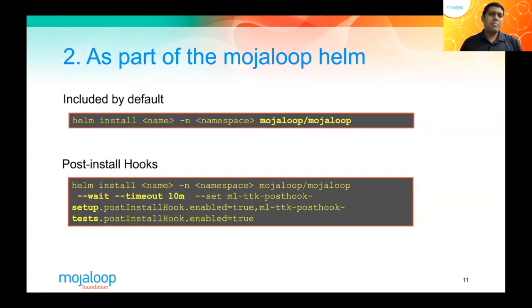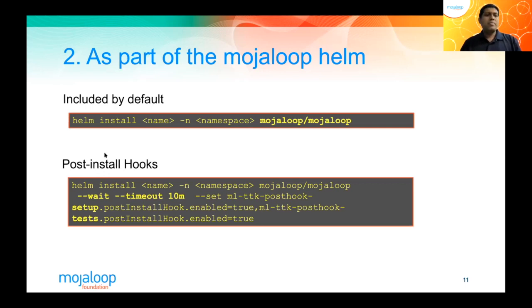The second mode is through the Helm chart as part of Mojaloop. As you know, Mojaloop version 11.0.0 contains the testing toolkit by default. So if you install Mojaloop, you will get the testing toolkit service.